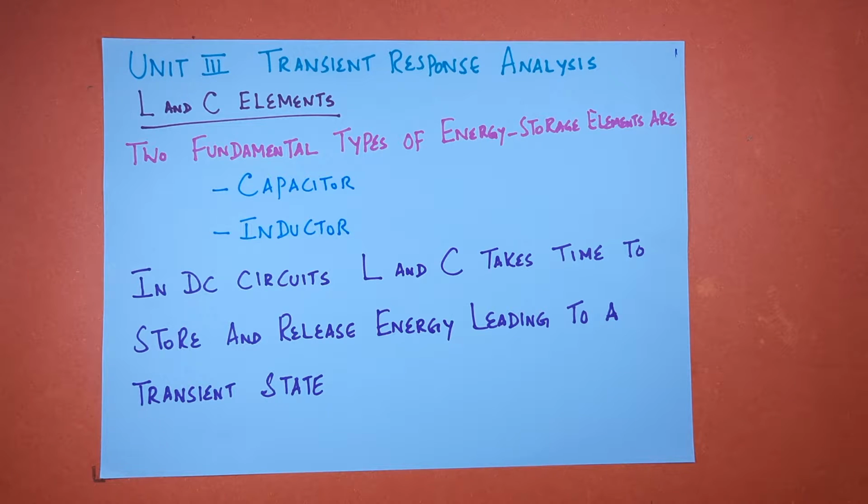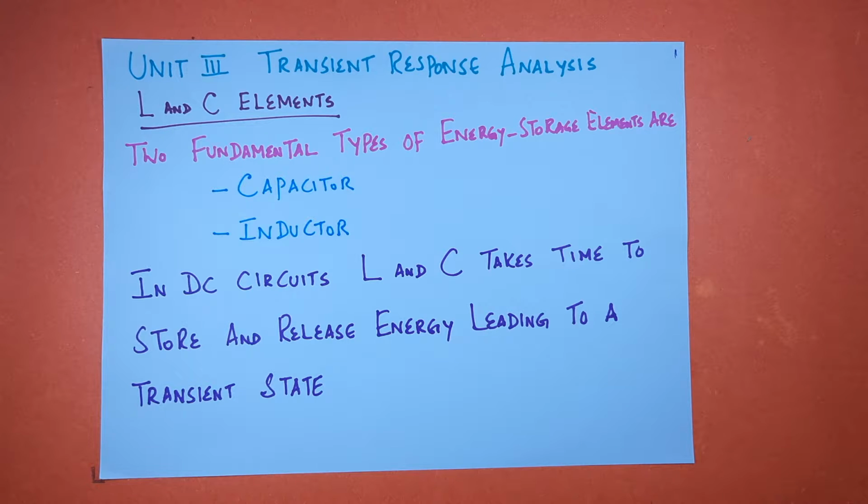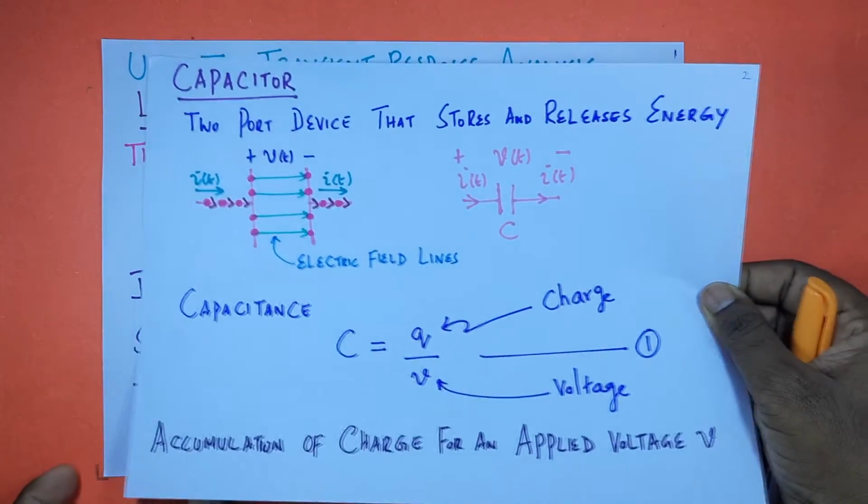That means if you apply any voltage to an inductor or capacitor, the current through the inductor or capacitor will take some time to reach the steady state value. That time period is called the transient state, and that corresponding analysis is known as the transient response analysis, right?